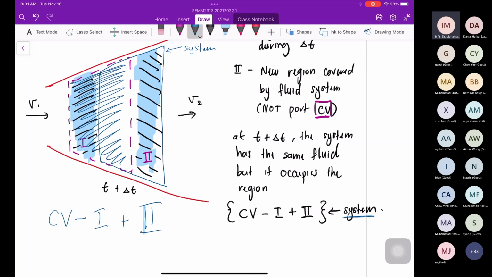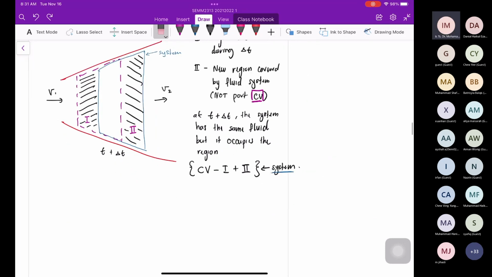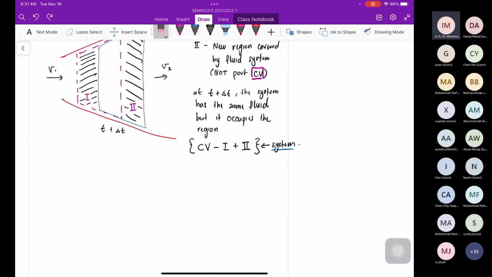CV minus 1 plus 2. Alright, so after you understand the system region, CV minus 1 plus 2, you will get the system.